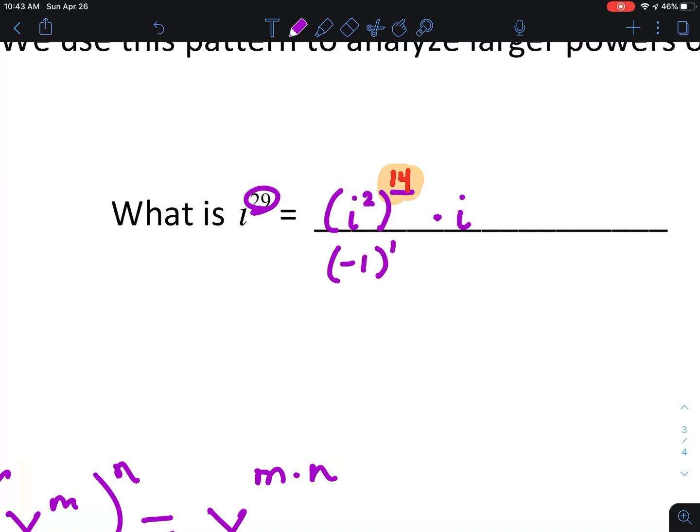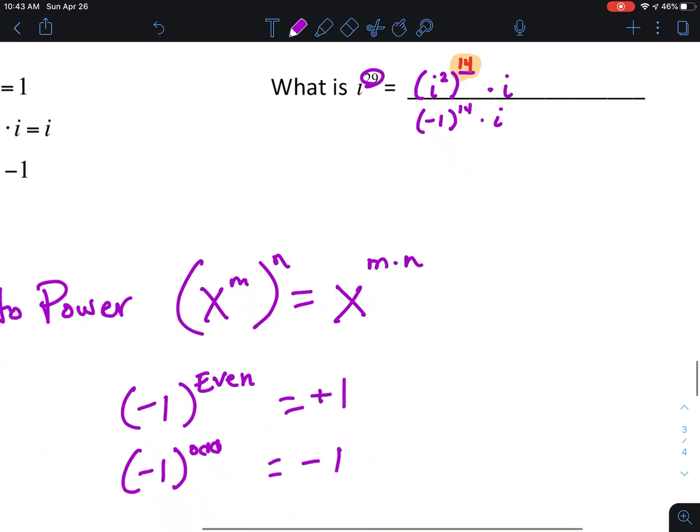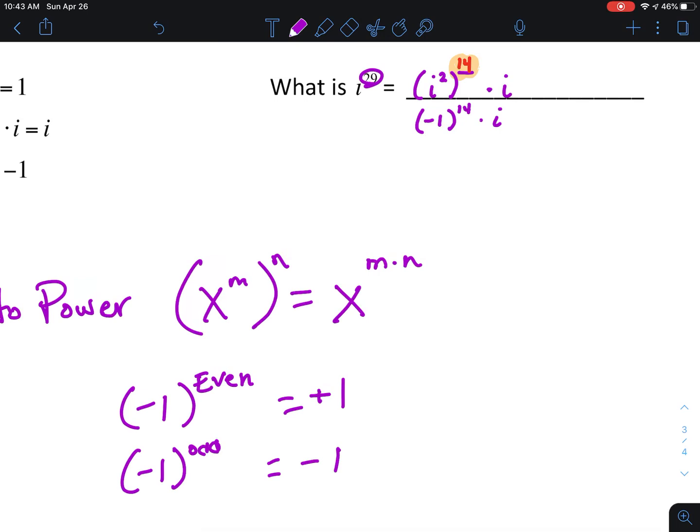So negative 1 to the 14th times i is what we really have here. And we already know that negative 1 to an even power is going to be 1. So this would be equivalent to 1 times i. And 1 times i is equal to i. So i to the 29th is equal to i.